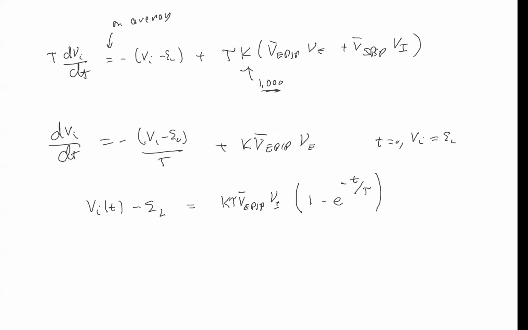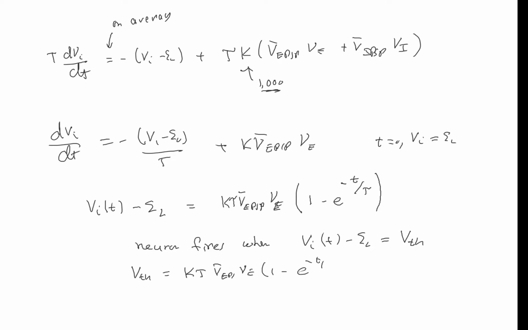Okay. And what that means is, remember, the neuron fires when V_i of t minus E_leak equals some firing level, let's say V threshold. And so we have V threshold equals K tau nu bar EPSP nu_E times 1 minus e to the minus t over tau.